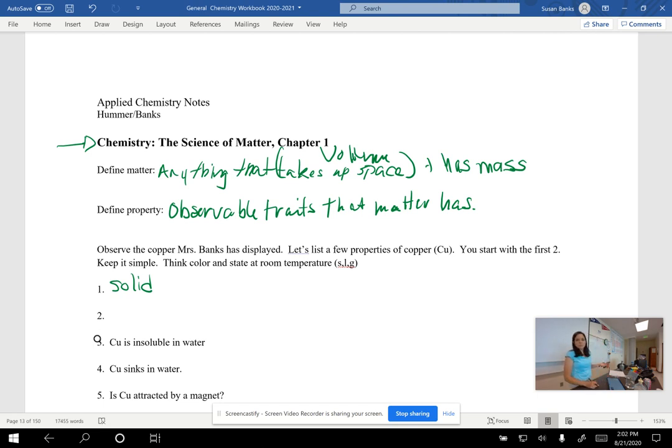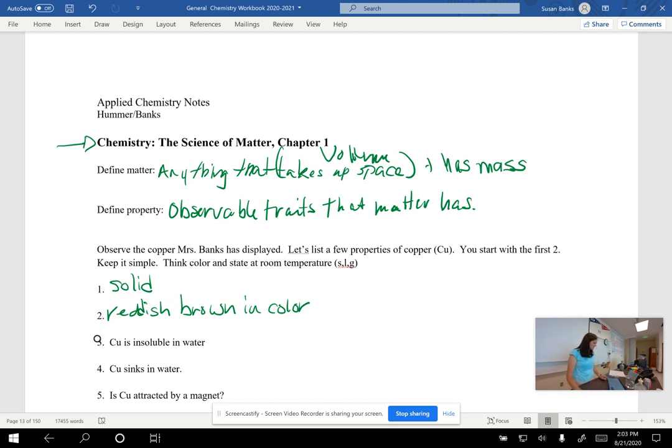And then we also observed the color. Copper is this reddish brown color. Reddish, that's probably got 2 D's in it. Reddish brown in color. Now it's more red the fresher it is, and it's more brown the more oxidized it is.